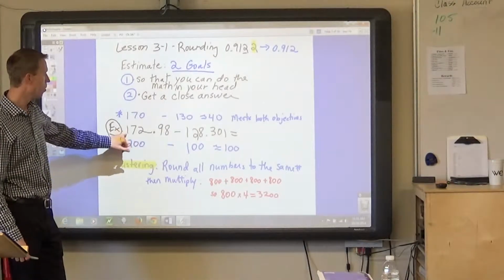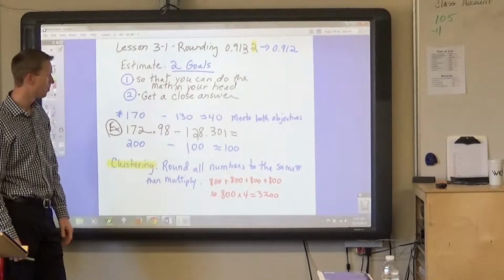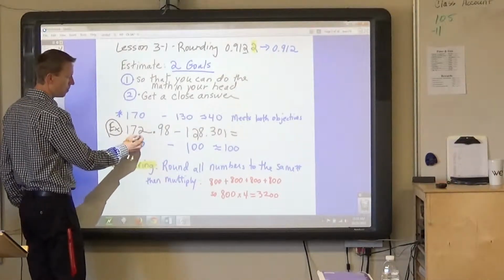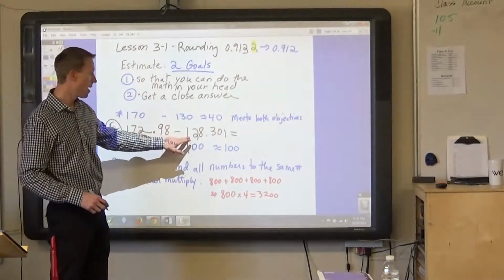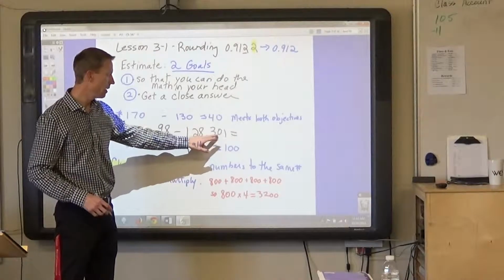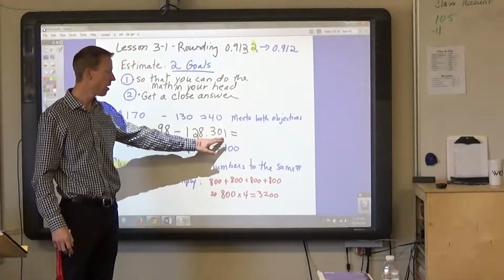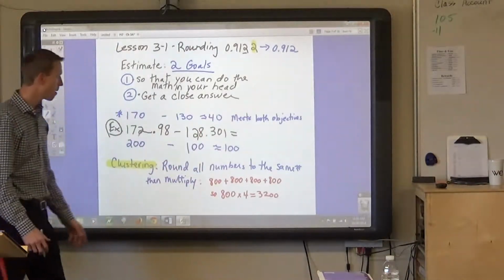Let's look at this one, 172.98. Now, if we were going to take this number and subtract 128.301, this is 128 and 301 thousandths, because the 1 is in the thousandths place.